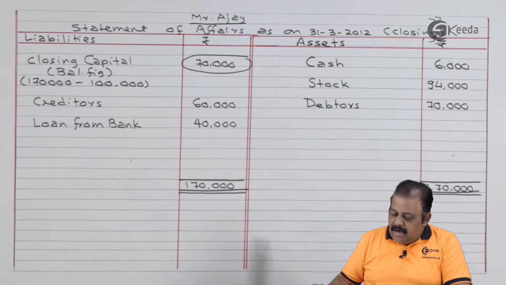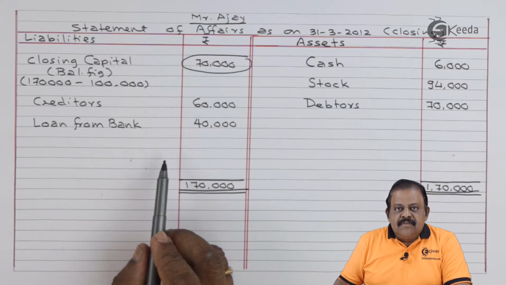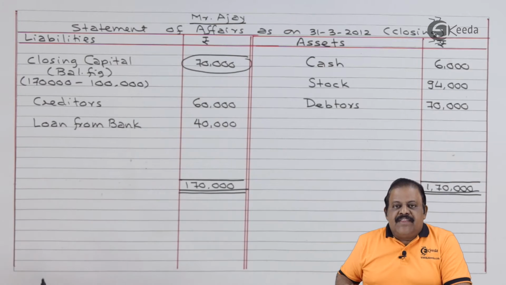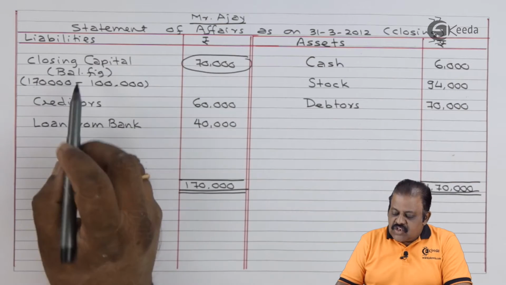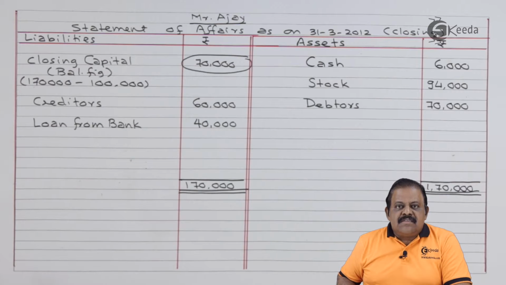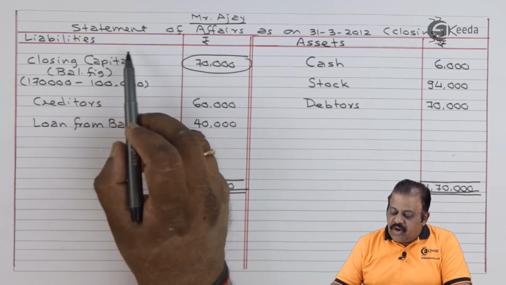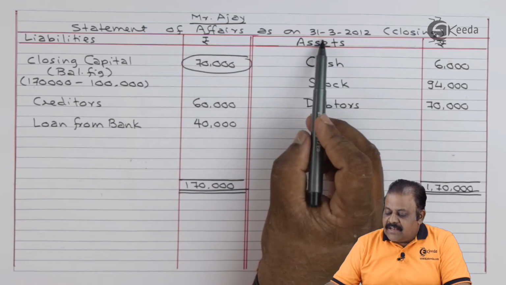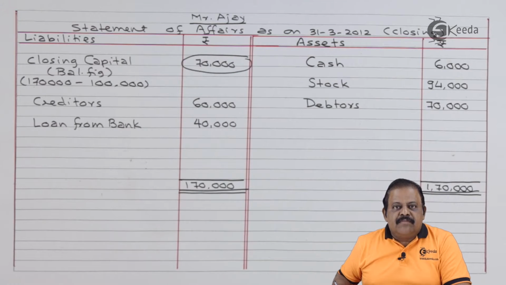Total of assets minus outside liabilities, we are getting the balancing figure 70,000. This is the closing capital at the end of the year. We got 70,000 by preparing the closing statement of affairs as on 31st March 2012.